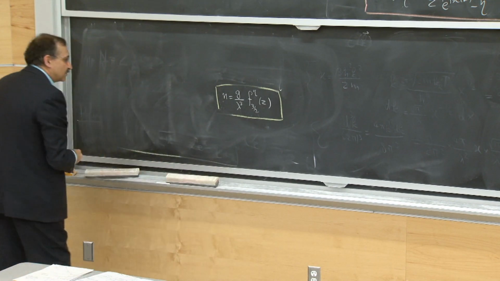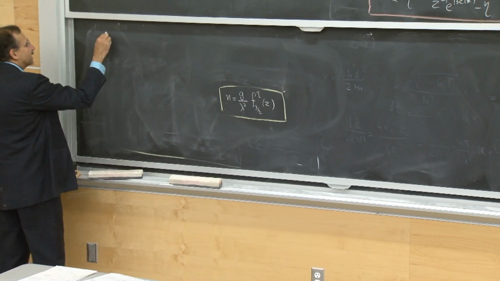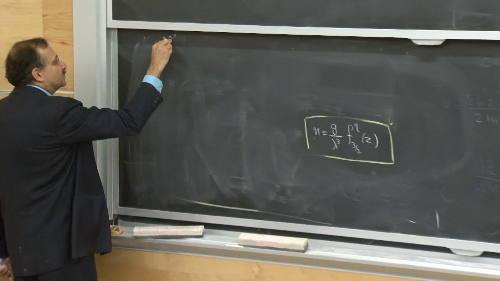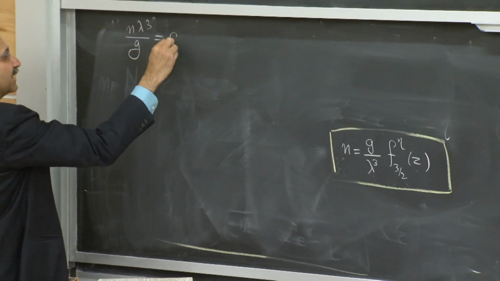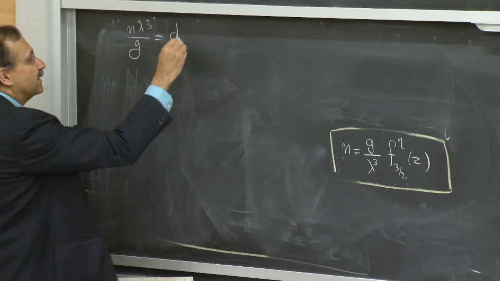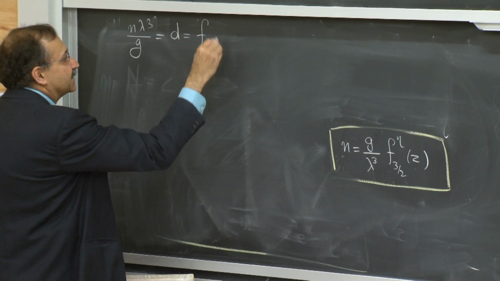Okay? So this I will rewrite as n lambda cubed over g, which is my degeneracy factor, is f 3/2 eta of z.